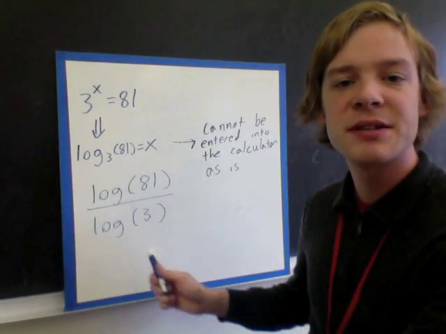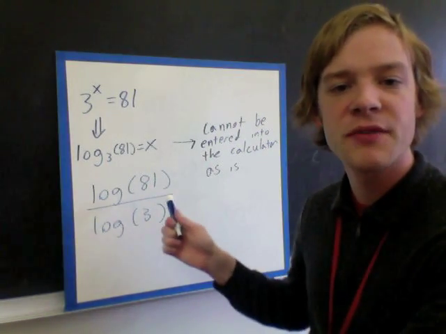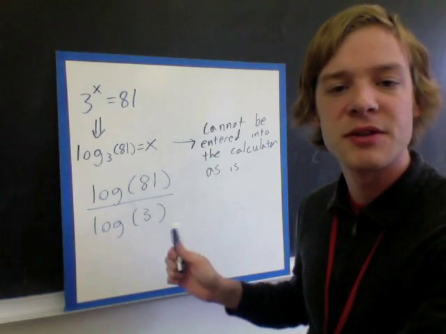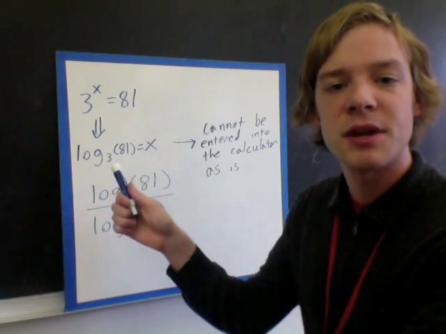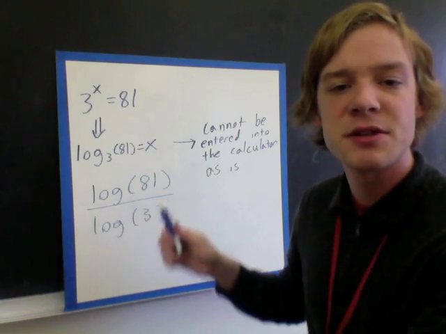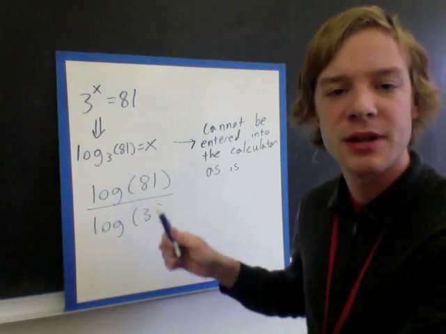We would do log of 81 and then divide by the log of 3. The calculator does not let us do individual bases, so we have to split it up like this.